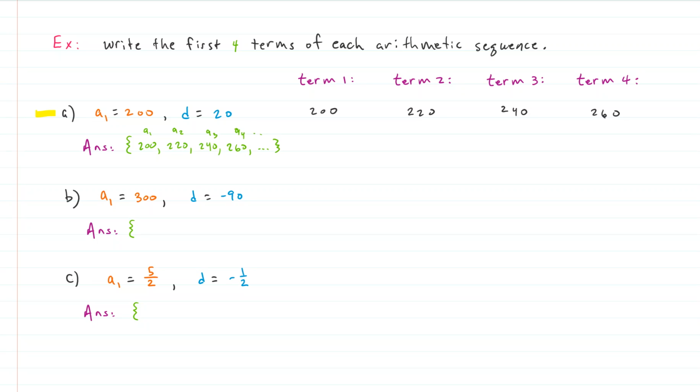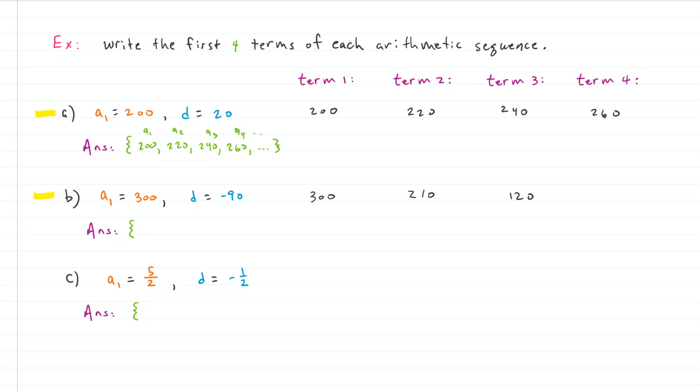Let's look at B. For B, our first term is 300. So we can go ahead and write that, 300. Our next term will differ from 300 by 90, so we subtract 90, which gives us 210. If we then subtract 90 again, we get 120.